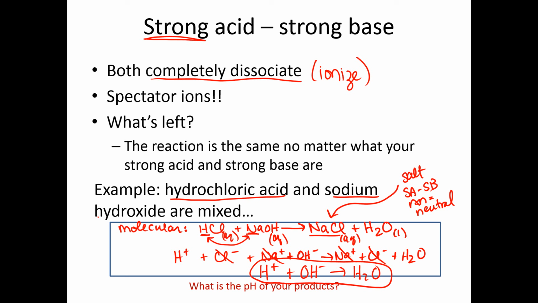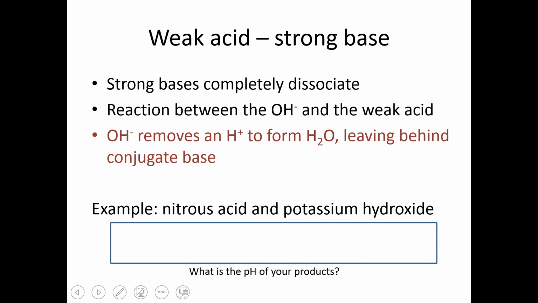And if you think about why this salt is neutral, well, the cation is the cation from a strong base, and we said those cations are neutral. And the anion is a conjugate of a strong acid, and the conjugate of a strong acid is neutral. So this is a neutral salt. So at the end I have just water. It's neutral.